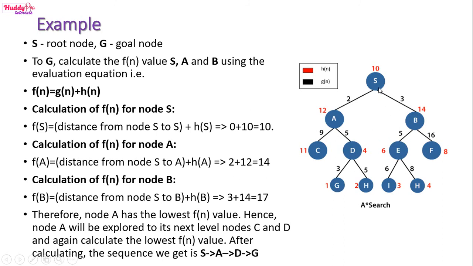When we start from S, our root node, we have to move towards either A or B. In order to reach the goal node, which is G, we have to calculate the f of n, the function value, on each node.